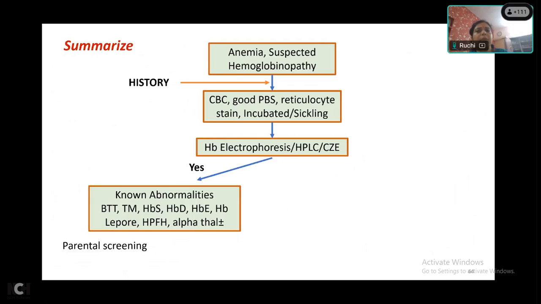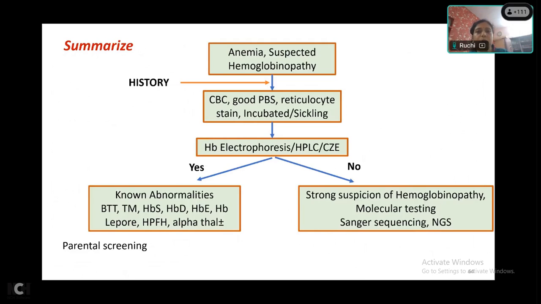So I think I'll just quickly sum up. If you have a case who has come to you with anemia, suspected hemoglobinopathy, these are the basic investigations which you need to do. Ethnicity is important. Look for sickles. Do a sickling test because homozygous sickles will also not give you any clue from the CBC.